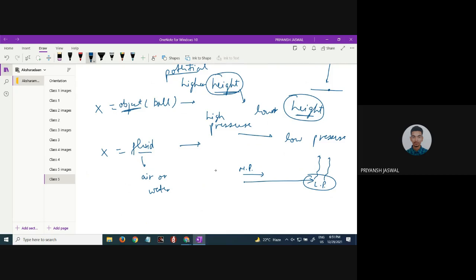So everything in nature flows from high potential region to a low potential region, and the potential varies for different objects. Like for a mass object like a ball, the potential is the gravitational potential energy, that is height itself. And for fluid, it's the pressure potential.